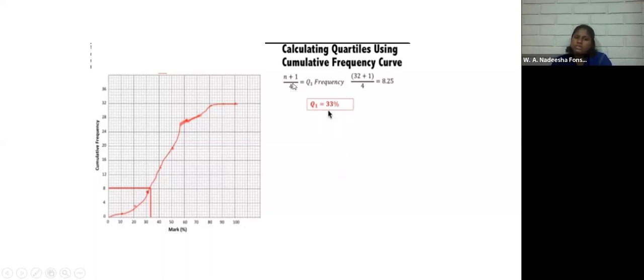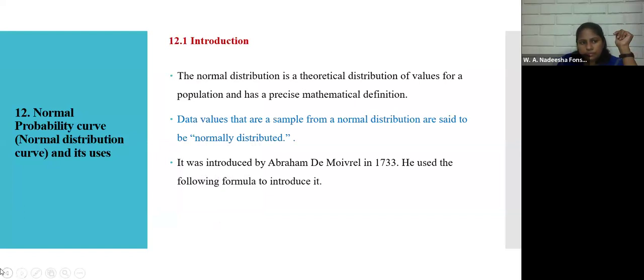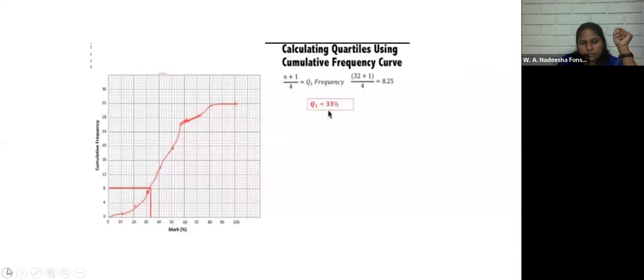Likewise, you can calculate this is Q1, then Q2, Q3. And if you want to find the mark for the frequency 20, then also you can obtain such data from this. This is the cumulative frequency curve.